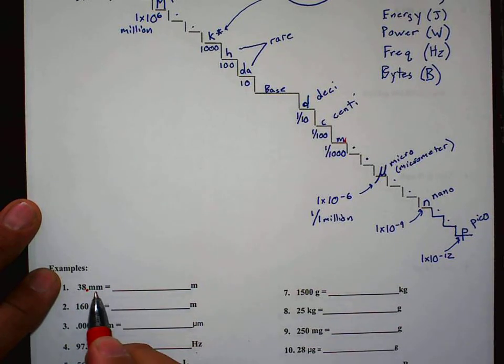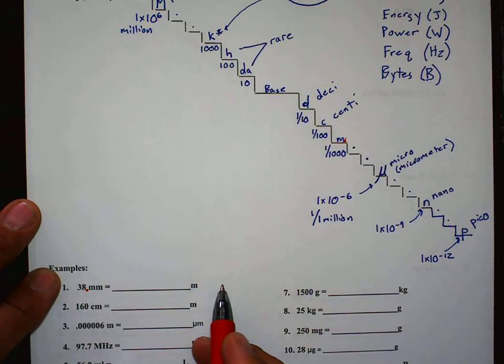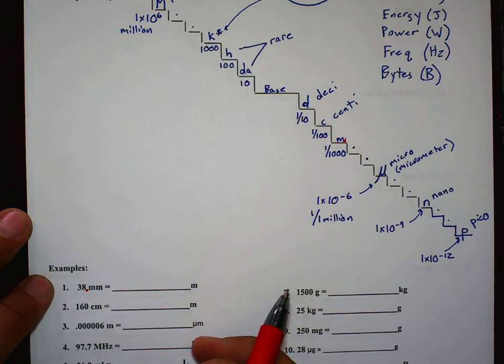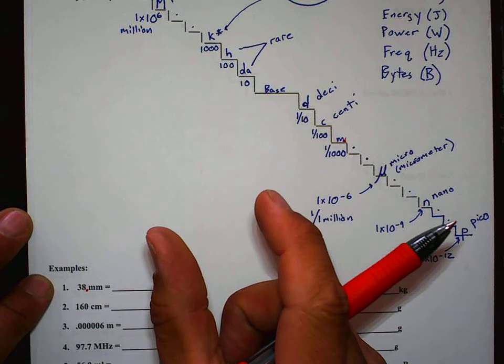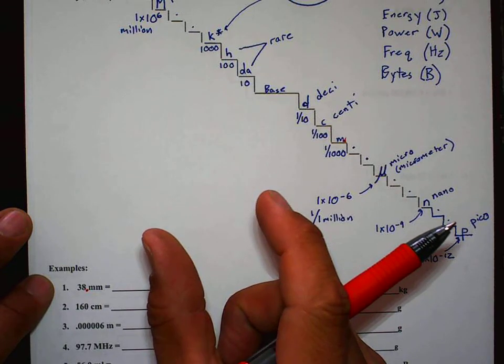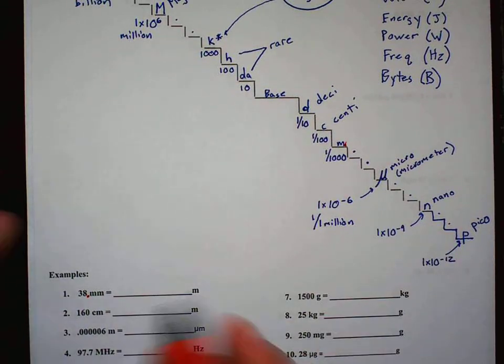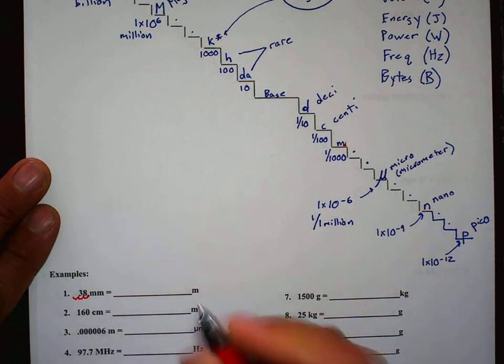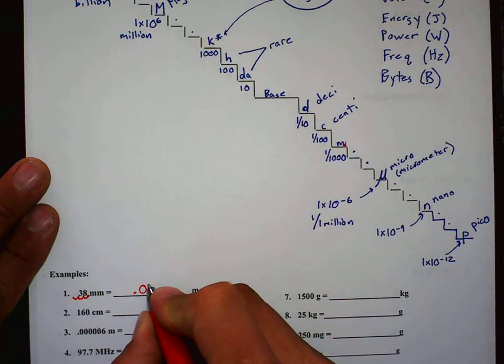We're going from a small unit to a big unit, so our number should get smaller. 38 millimeters is about that big. We're going to units of meters, so we're going to move the decimal left, 1, 2, 3. And we'll have 0.038.